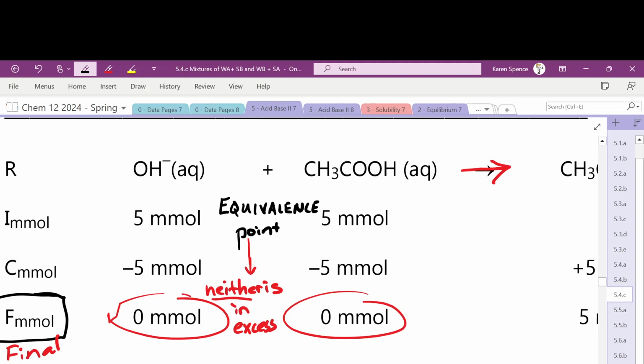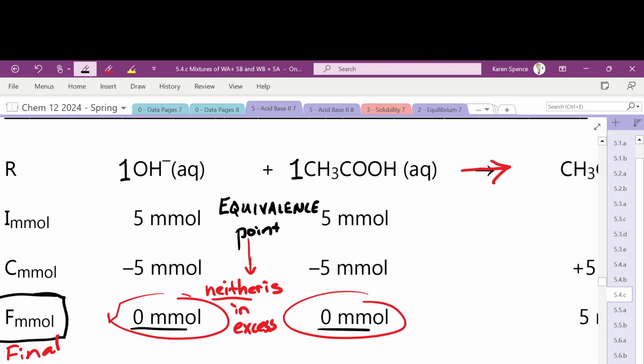The equivalence point is where nothing is left over. You don't have any excess acid, you don't have any excess base. You have just reacted them perfectly with each other according to the stoichiometry. It is also called the stoichiometric point, because you have 5 millimoles to 5 millimoles, which is 1 to 1, and the ratio from the equation is 1 to 1. So the numbers of the substances match the coefficients. Does that make sense? Stoichiometric point.